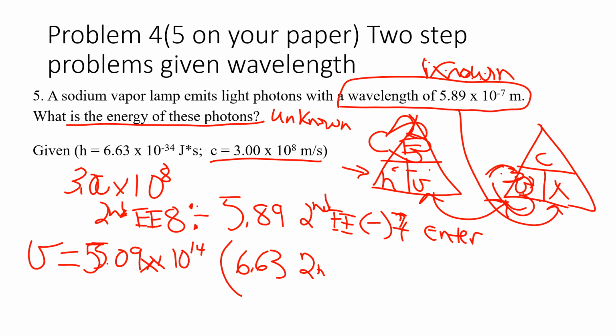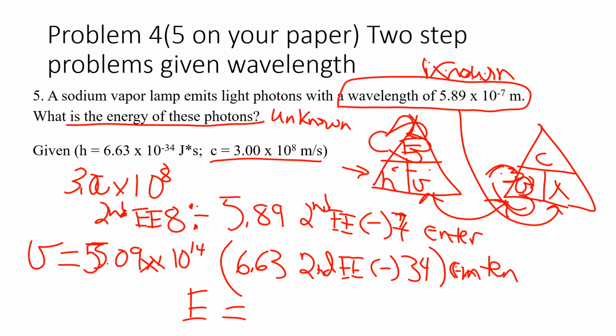Remember, do second EE button. Find the negative sign at the bottom right of the key. Hit 34, and then hit enter. And your answer then for energy, give yourselves a moment to look at that and then check your answer against mine. I'm going to grab my calculator and do the same thing.